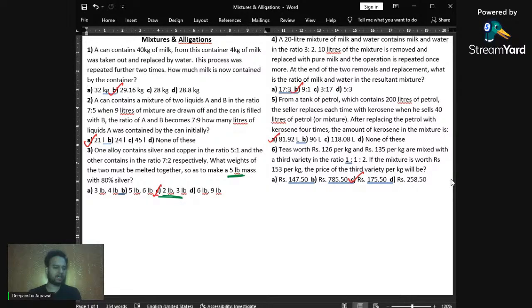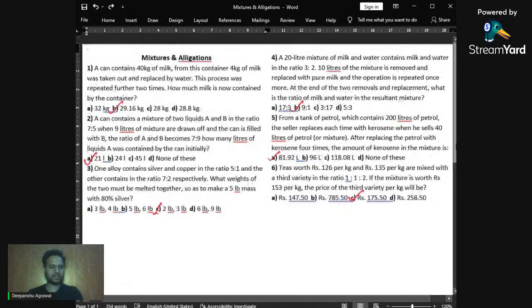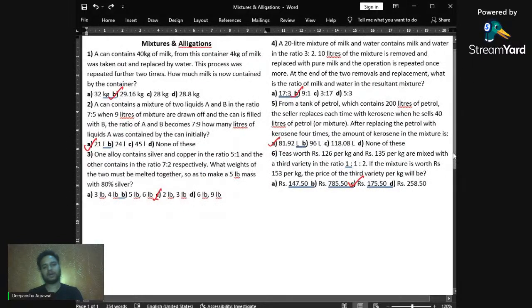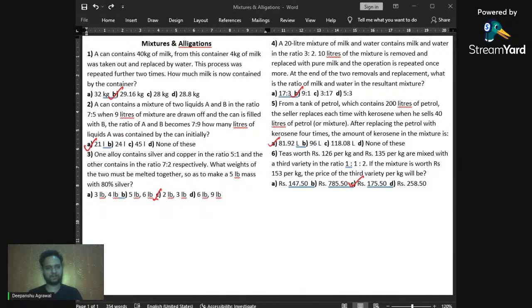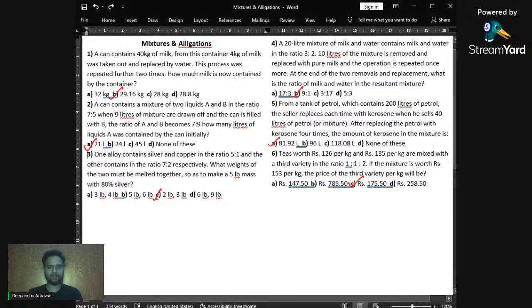After all, we need the total mixture as 5 lb. So only one option is there in which the quantity of silver and copper is adding up to make 5 lb. So that's why this is an easy question. In fact, it could have been done just by looking at the options.